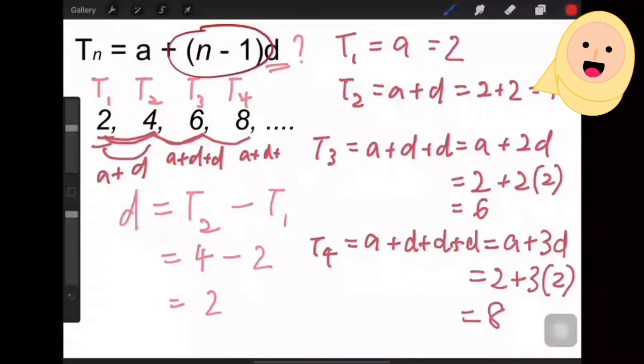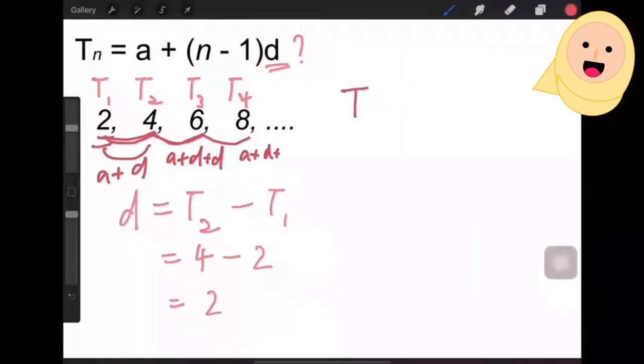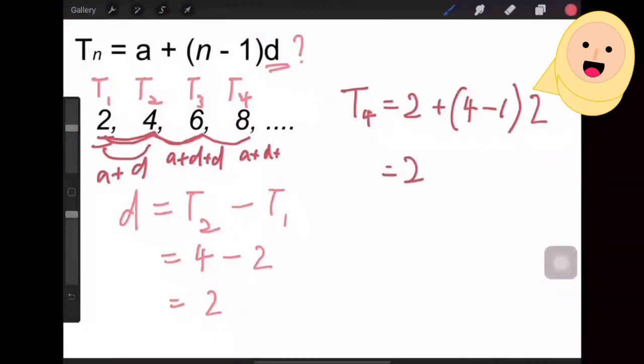But why is there n minus 1 in the general formula? This is because the relationship between n and the number of times you need to add D is minus 1. Basically, if you use the formula A plus (n minus 1) D, you will also get the same results.